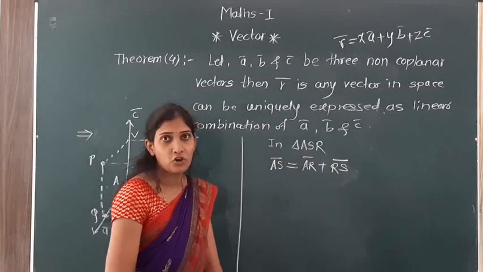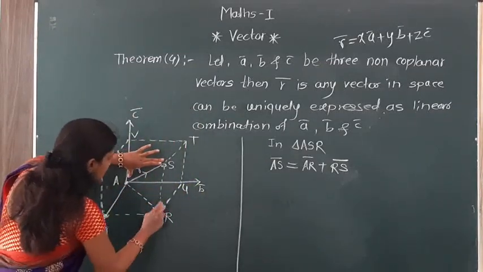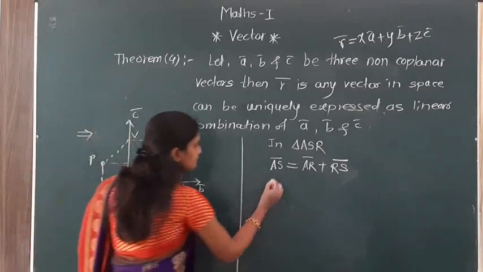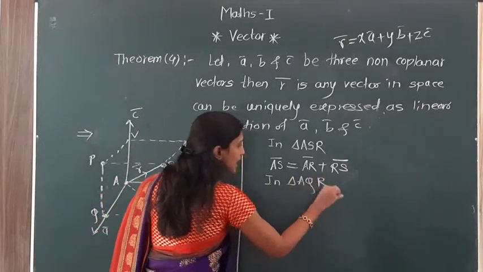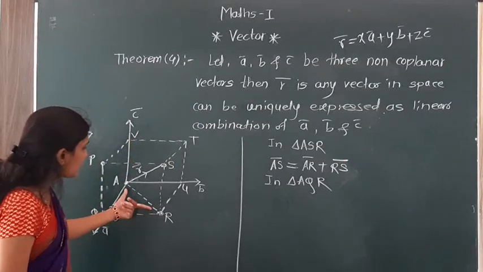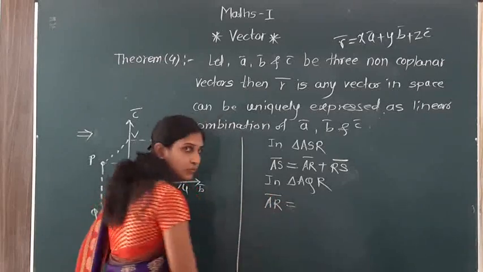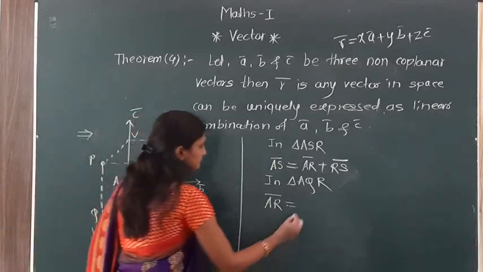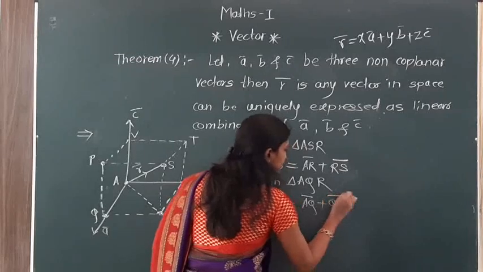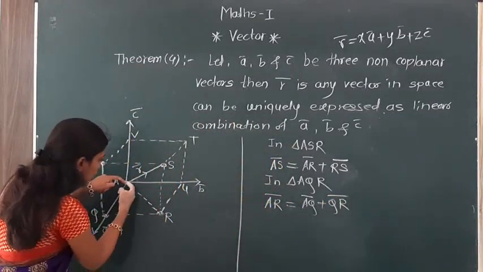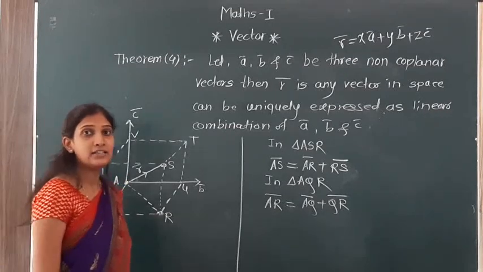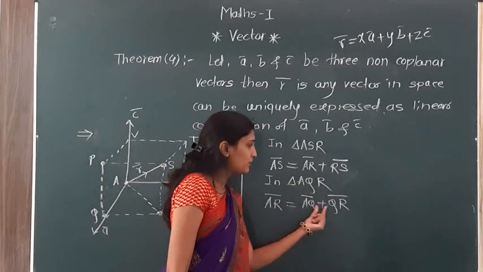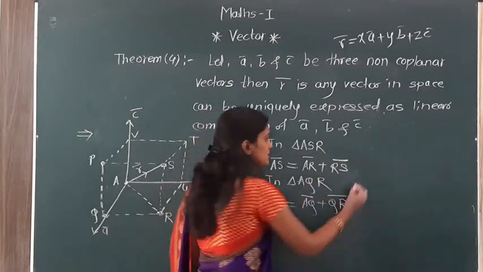Similarly, in triangle AQR, AR bar is equal to AQ bar plus QR bar by triangle law. Suppose this is equation 1.